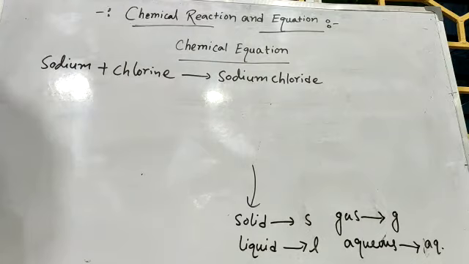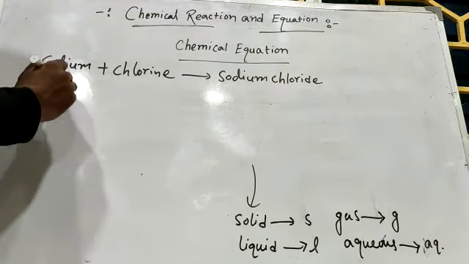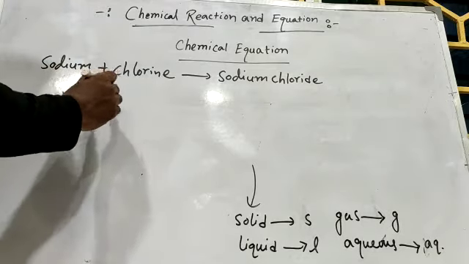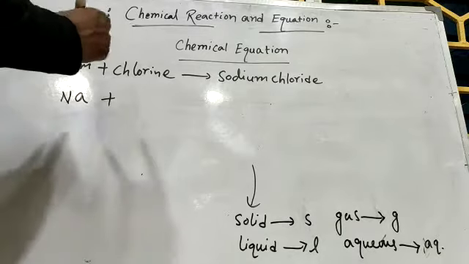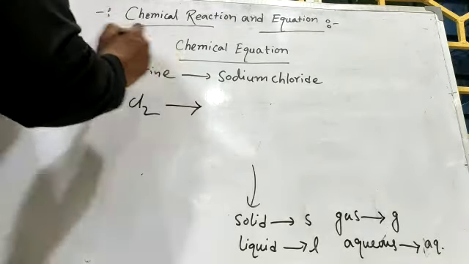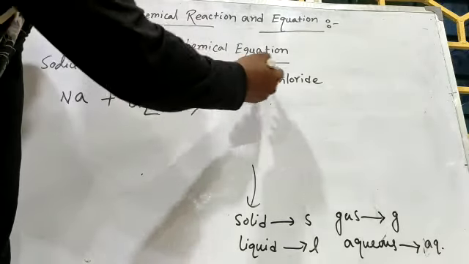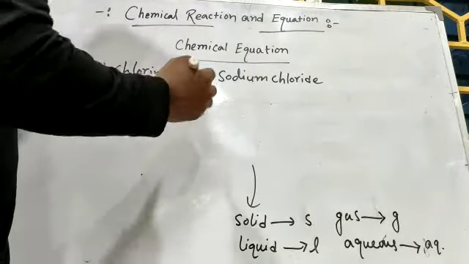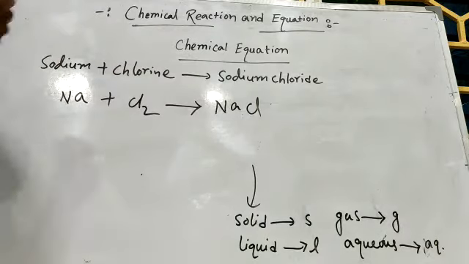You know the symbol or formula of the sodium molecule. Sodium is a monoatomic metal, so the formula of sodium is Na. Chlorine is an elementary molecule, its formula is Cl2. They form sodium chloride, a crystal solid substance, with the formula NaCl.